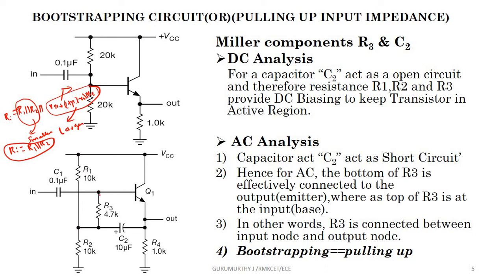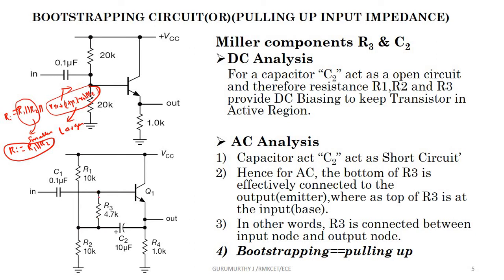What you do is modify the input side: you put R3 and C2 and do the DC analysis. When you do DC analysis, the capacitor should be considered as an open circuit. So R1, R2, R3 are going to bias Q1. When you consider AC analysis, this capacitor is considered as a short circuit.